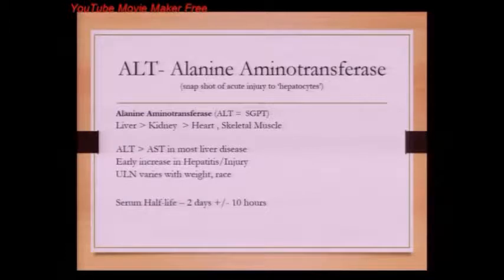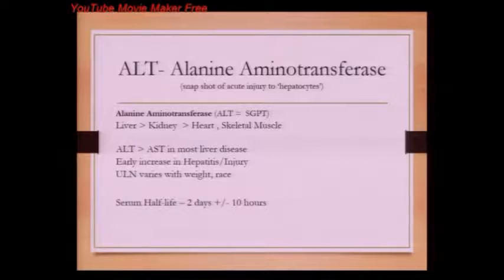The upper limits of normal, or ULN, on this particular lab test, vary with weight and with age, and probably with several other factors. So when you look at lab tests and you see a little star next to one, and you say, that's abnormal, probably in all cases we have to remember these are probabilities, but particularly for this test, if you're a small Asian woman with a normal ALT, it might be elevated.